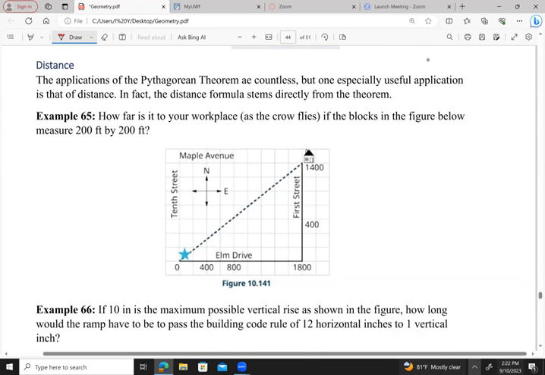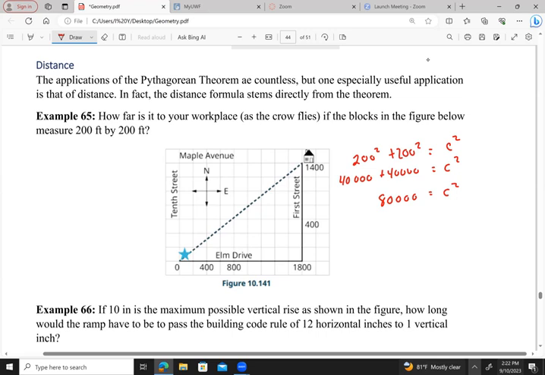So we simply take 200 squared plus 200 squared equals our distance squared. This is 40,000 plus 40,000 equals c squared. This is 80,000 equals c squared.